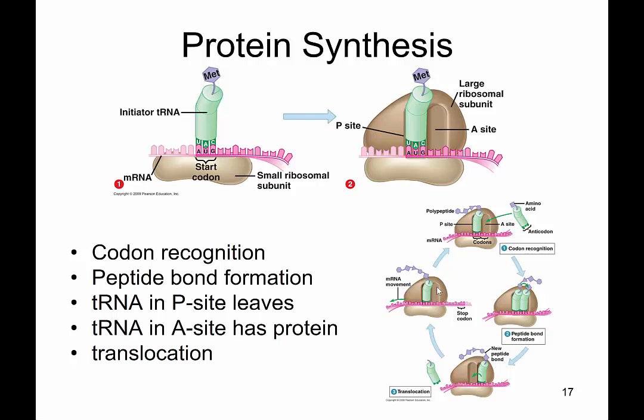So again, translation or protein synthesis proper occurs in the cytoplasm, and it is basically taking the code of RNA and using it to generate protein. The messenger RNA dictates the order of the amino acids and which amino acids to use.